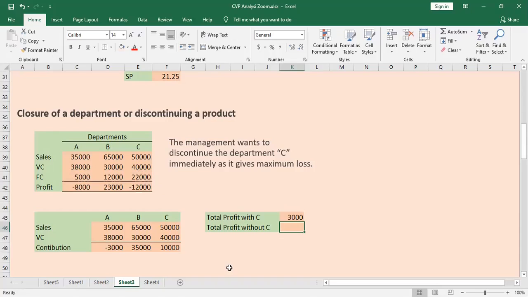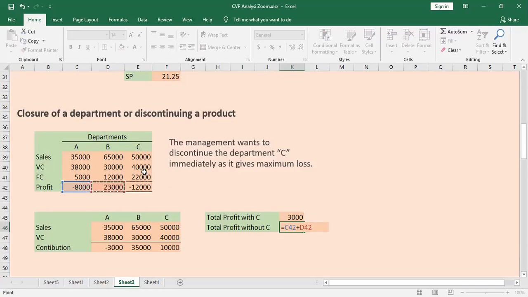Let me calculate the profit. So you are getting profit from A, that is negative 8,000, plus from B you are getting 23,000. And you are not getting this sales value of 50,000 rupees. You are not going to bear this 40,000 rupees because department C is no longer there.